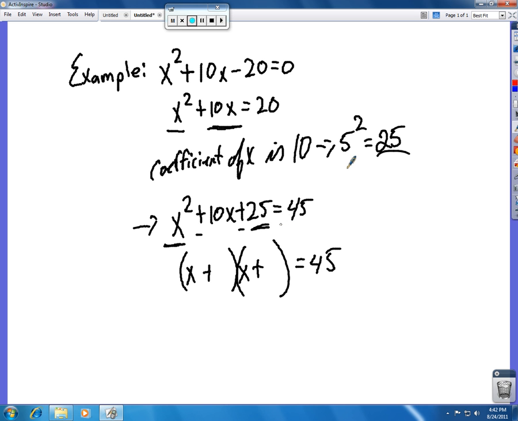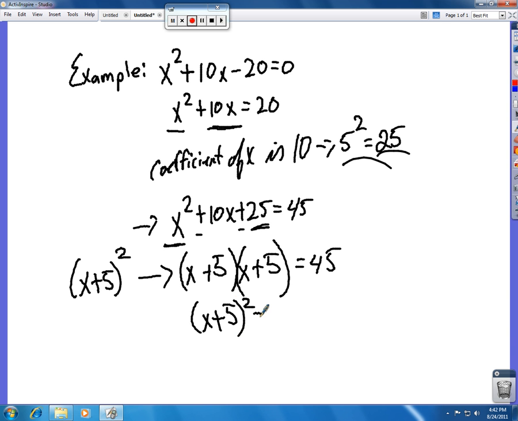Well, we just did it up here, and they're both 5. So you can rewrite this as that. Let's go ahead and sub that in. Oops, that's supposed to be a 45. So I just fixed it there, and now I got 45.